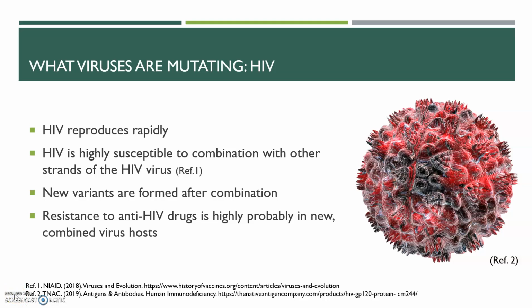After these new viruses are combined and formed, they do not react to many of the drugs that have been previously constructed because the strains are so different, because they have most likely gone under antigenic shift. Quickly mutating viruses such as HIV are very hard to create a vaccination for.